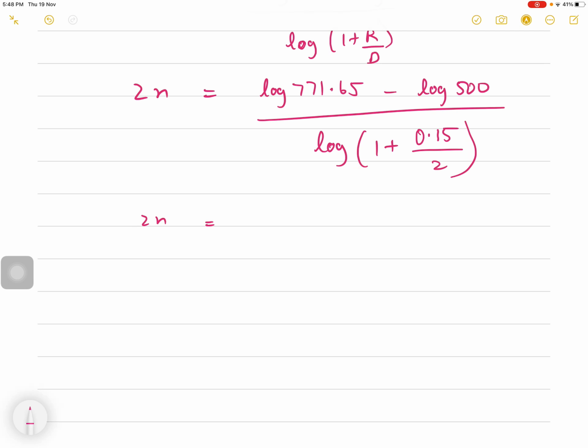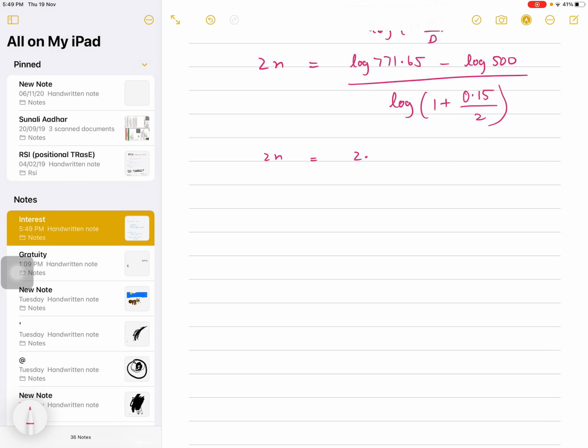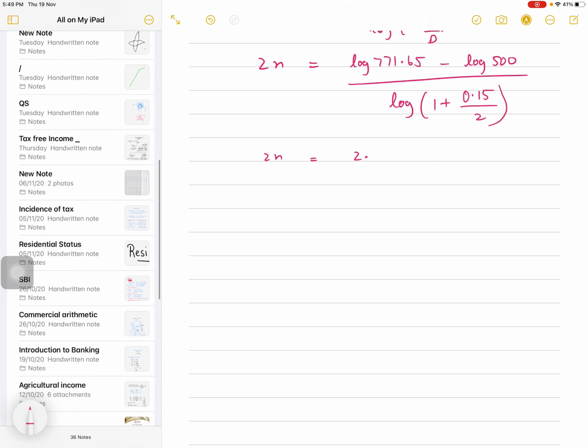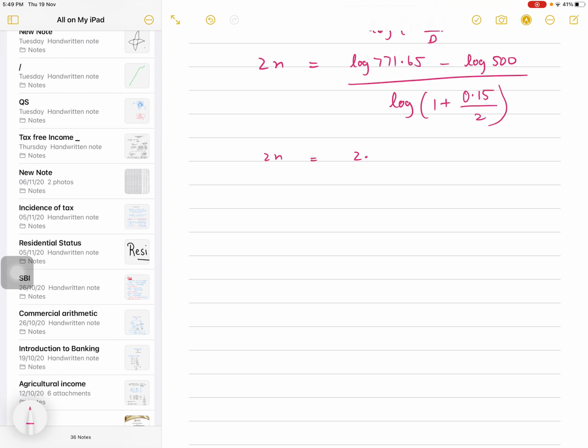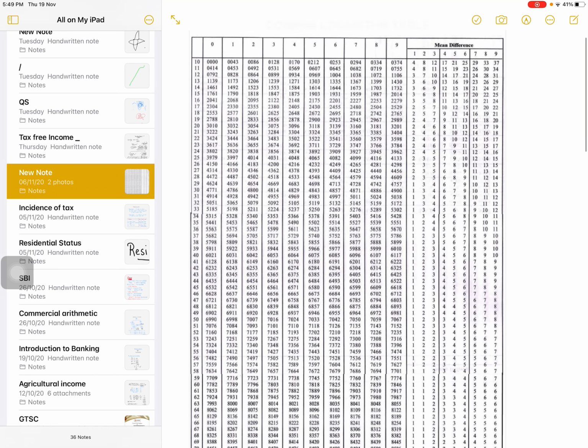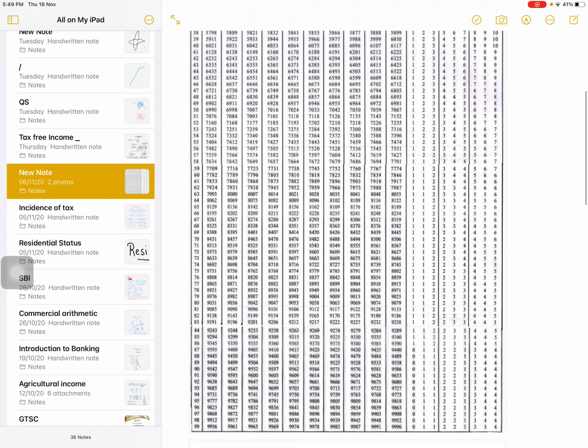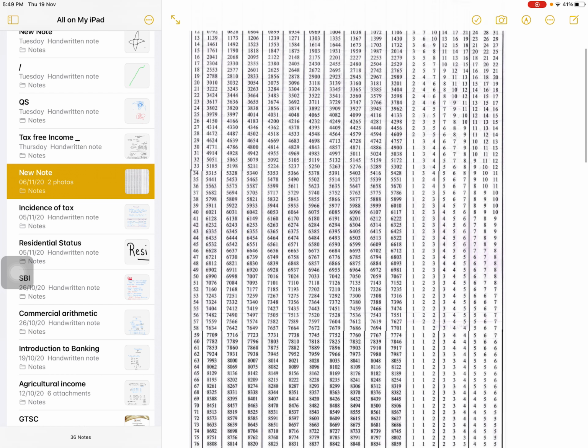2n is equal to log 771. Before the decimal there are 3 digits, so it is 2 point something, right? Let's check. Okay, this is my log table. 77 row, 1 column, 8871, and mean difference is 6.